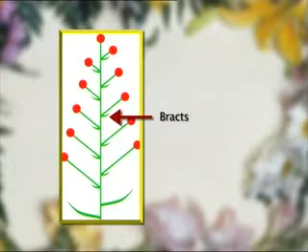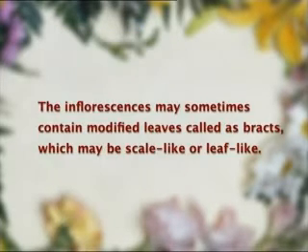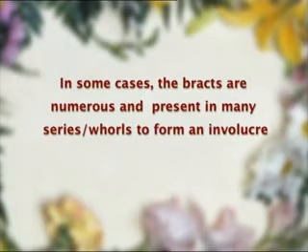The inflorescences may sometimes contain modified leaves called bracts, which may be scale-like or leaf-like. In some cases, the bracts are numerous and are present in many series or whorls to form an involucre.